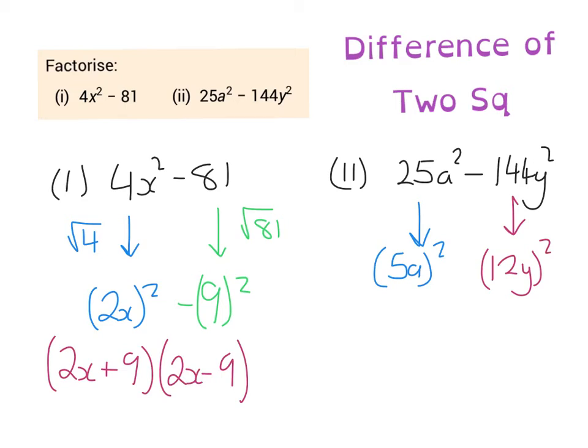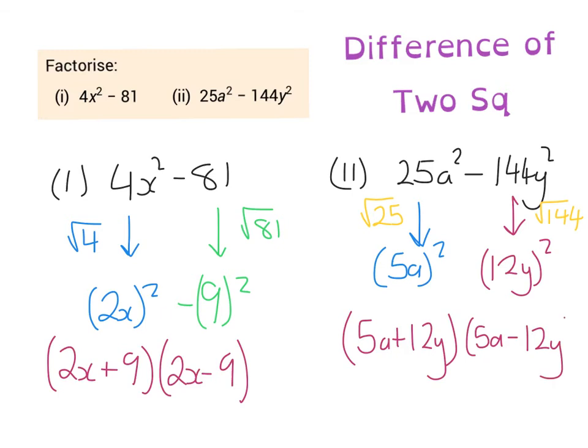And I got them simply by finding the square root of 25 and the square root of 144. And again, just like in part 1, we rewrite our equation, so we have 5a plus 12y, and I'm left with 5a minus 12y. And that is factorising using the difference of two squares when you have a coefficient in front of your variable.